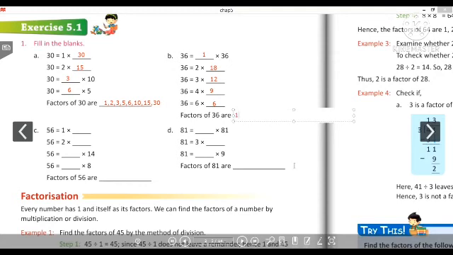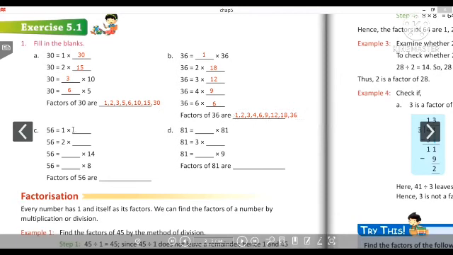The factors are 1, 2, 3, 4, 6. Now you see यहाँ पे 6 दो बार आ रहा है, तो हमें दो बार 6 नहीं लिखना, सिर्फ एक बार लिखना है. फाइन. 9, 12, 18 एंड 36. फाइन. हम सिर्फ इन्हीं नंबर्स को लिख रहे हैं यहाँ पे अरेंज करके.